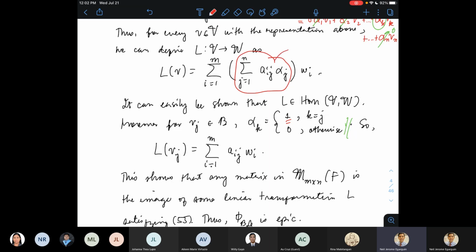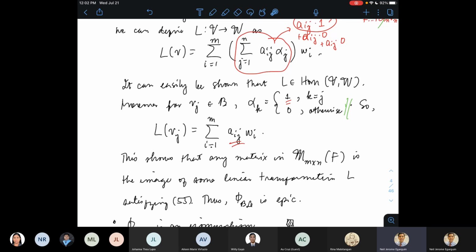So therefore, this guy will just be aij times 1 plus aij times 0 plus aij times 0 and so on. So what will be left will be aij times 1, and that's what we got here. Okay, so this shows that the way we define the transformation L here satisfies definition equation 55, right?